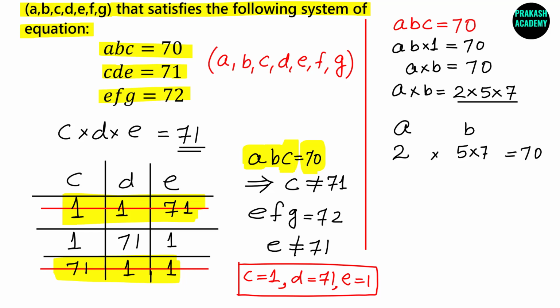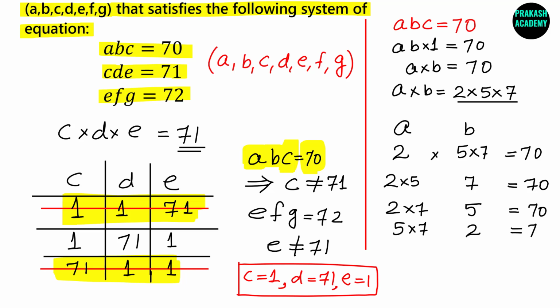Or you can have a as 2 times 5 and b as 7. Again you will get 70. Or you can have 2 times 7 and then here you can have 5, again you will get 70. Or you can have 5 times 7 and here you can have 2. In this case again you will get 70.